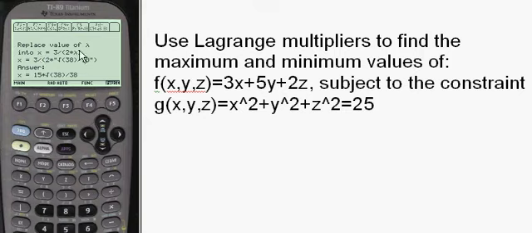We're going to replace the value of lambda into x equals 3 divided by 2 lambda, which is equation 1, or the solution for x with equation 1. And so x equals, we're putting this in for lambda. Notice I use quotation marks, or the calculator does.